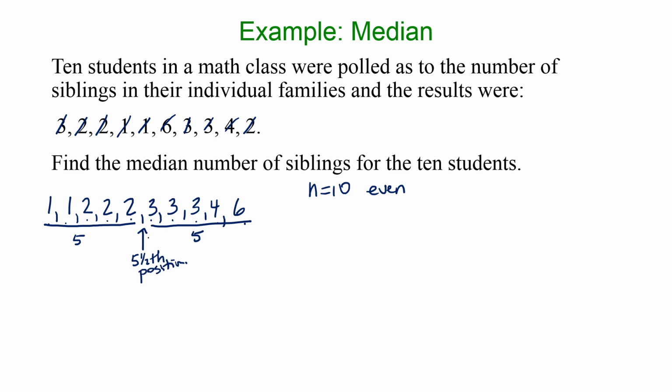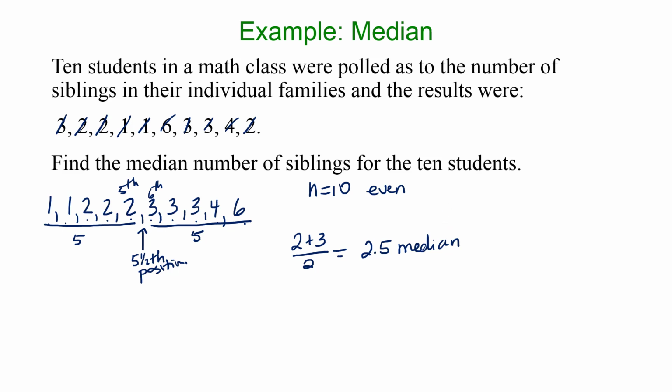We want the data value that's right between the 5th position and the 6th position, but there isn't one, of course, so we add them together and divide by 2. 2 plus 3 over 2, 2.5. Good. So this is the actual median value.